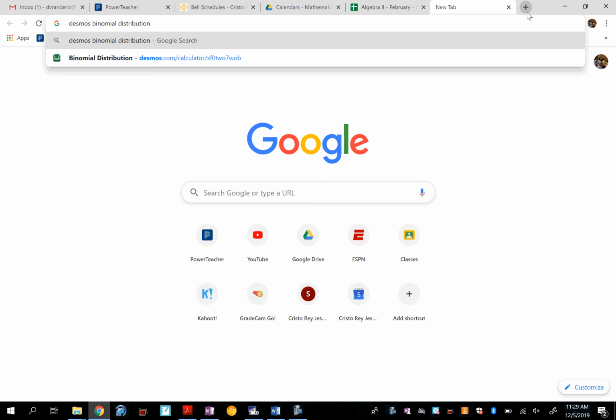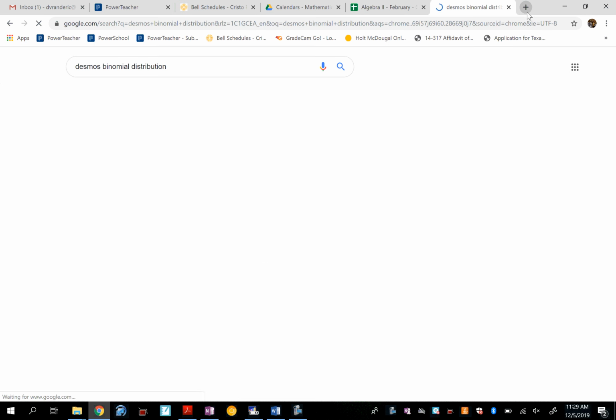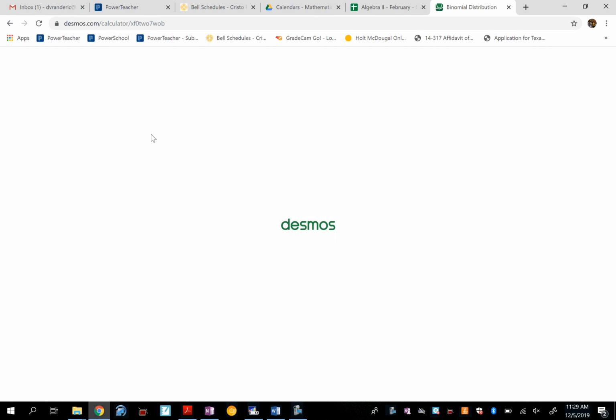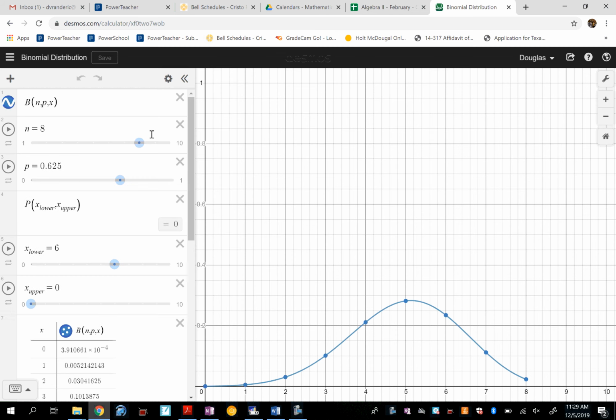Okay, has everyone typed it in? And you should pick the first one, the very first one. So hopefully when you pull it up, it looks like this. Did you guys get this? Yes? Excellent. Okay, so we're going to do this one in the calculator, or in the Desmos calculator.